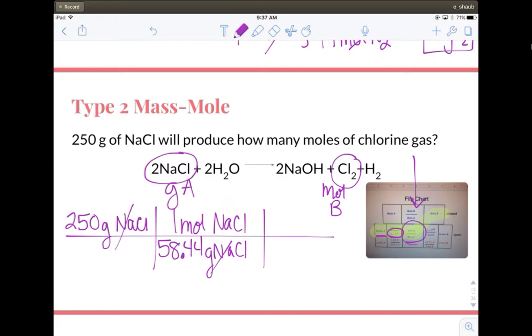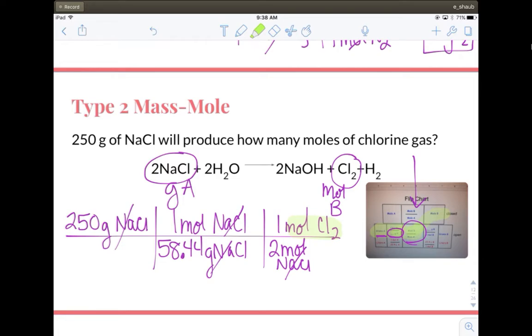That gets my grams of sodium chloride to cancel, which brings me to the mole ratio part again. That's the most important part: I know my mole ratio for sodium chloride is a 2 to 1 ratio. So for every 2 moles of sodium chloride, I produce 1 mole of chlorine gas. Everything cancels except for my moles of chlorine, which is what I want.